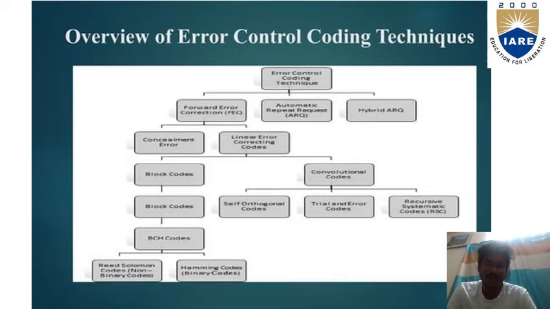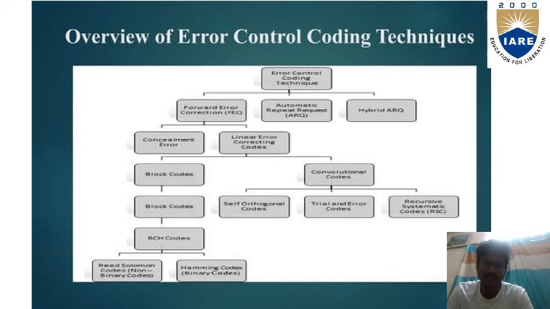And this is the overview of error control coding techniques. Firstly, the root node is the error control coding technique, and in this we have three types. The first one is forward error correction, the next one is automatic repeat request, and the last one is hybrid ARQ. In forward error correction there are two types.